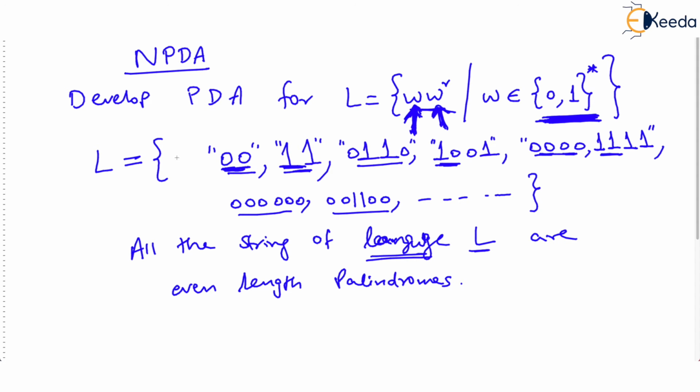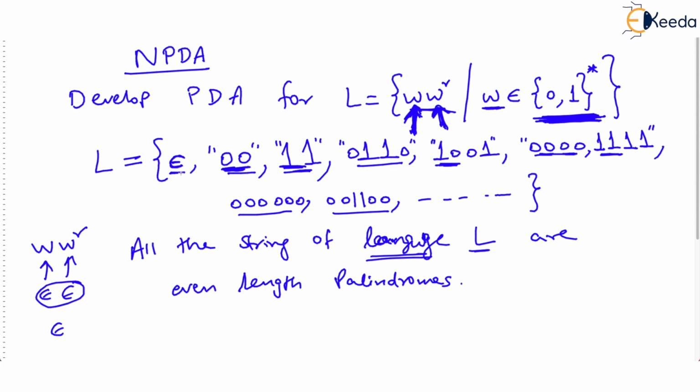There is also one more string which is accepted by this language, which is epsilon. Because when we say that W is made up of {0, 1} closure, then the empty string is also included. What that means is the word W can be empty, then the reverse of this word is also empty. So that's epsilon followed by epsilon, which is epsilon.